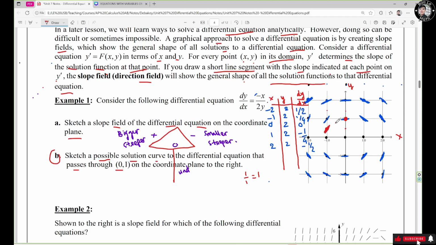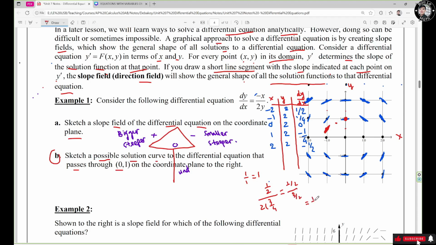Similarly, if you have a point right here, s equals negative 1/2, you substitute over here, you have 1/2 over 2y, and y right here could be 3/4, right? So substitute over here, you have 2 times 3/4. So it's going to be 1/2 over 3/2, right?